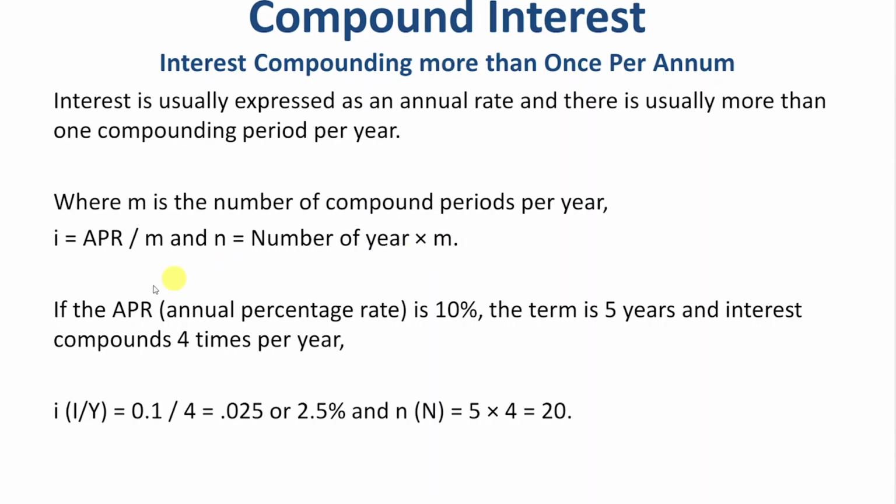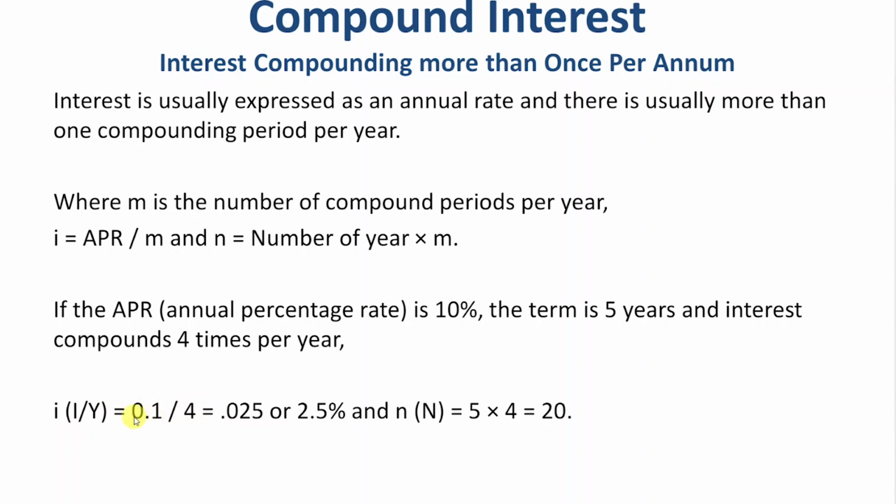Okay, so therefore, if the annual percentage rate is 10% and the term is 5 years, compounding 4 times, which is every quarter of the year, your interest rate i equals your annual interest rate divided by 4.